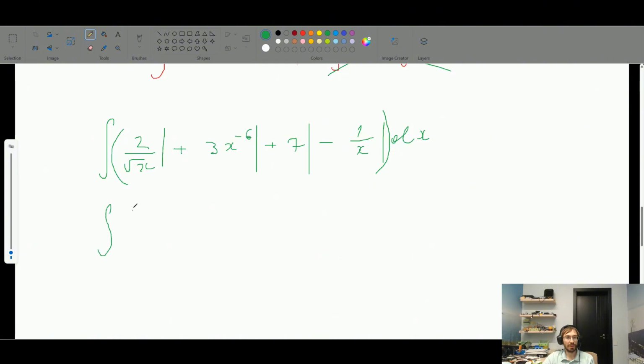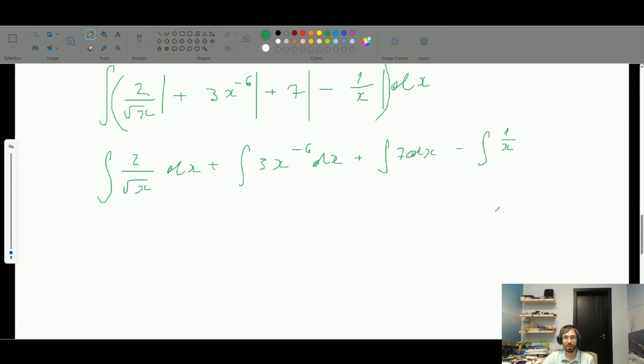It will be the integral of 2 over root x dx plus the integral of 3x^-6 dx plus the integral of 7 dx and minus the integral of 1 over x dx.